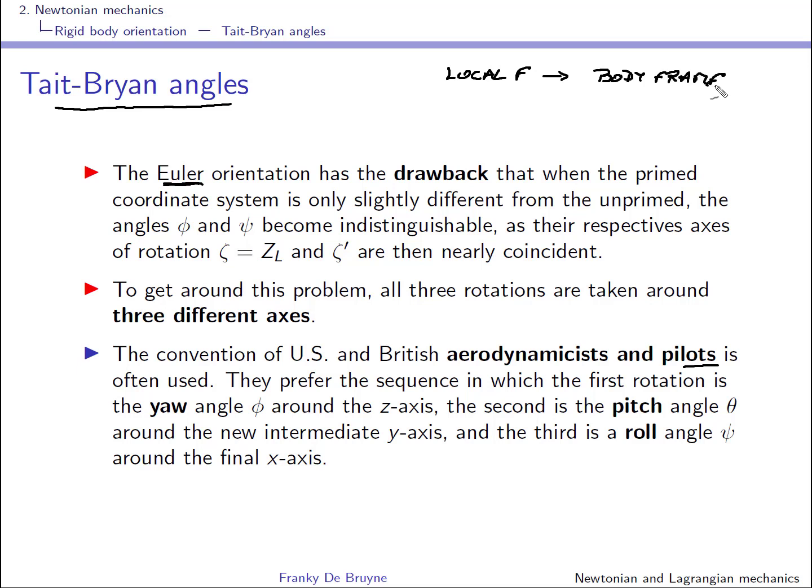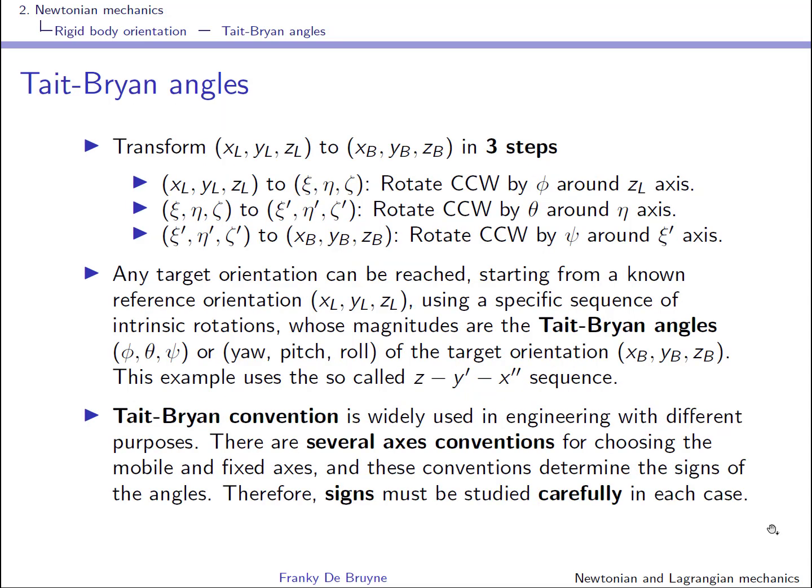And it's just a question of convention, right? They do this in a sequence. First there is a rotation which is called yaw around the z-axis, then a rotation called pitch around the y-axis, and then a third rotation called roll around the x-axis. So the transformation from the local frame to the body frame is done in 3 steps.